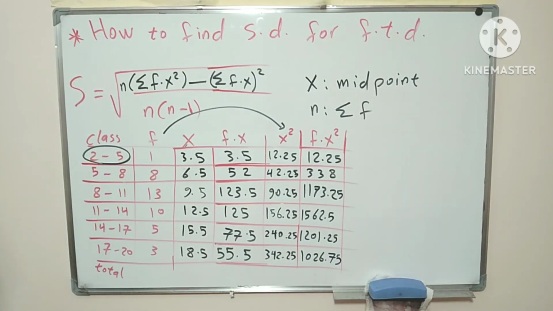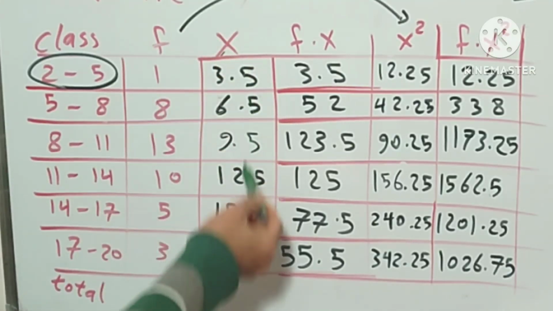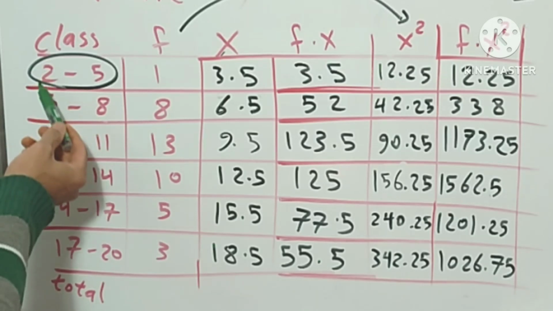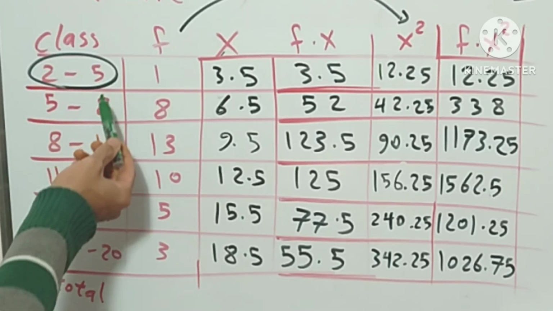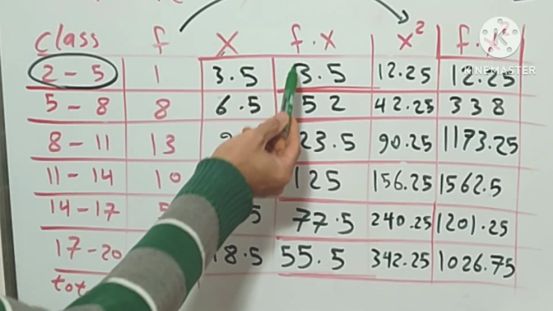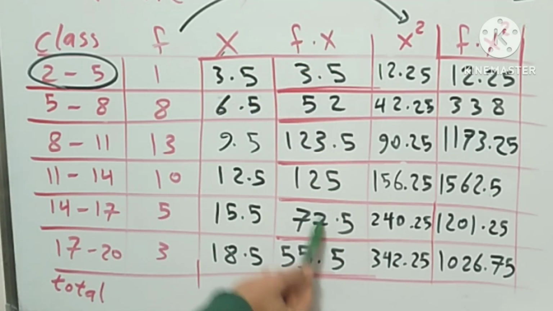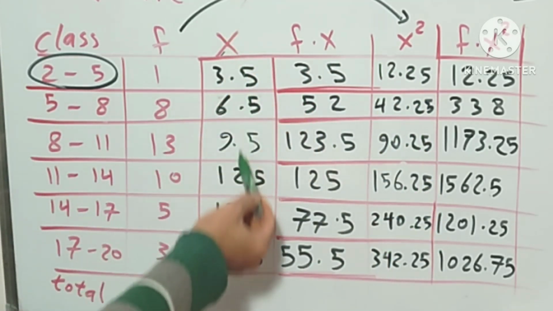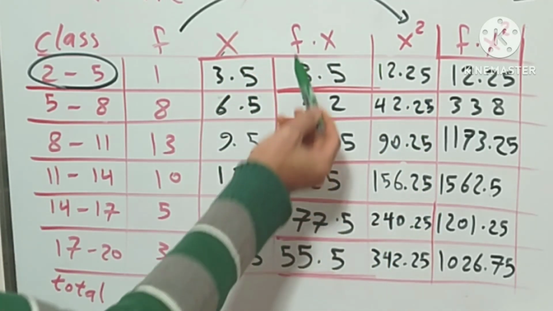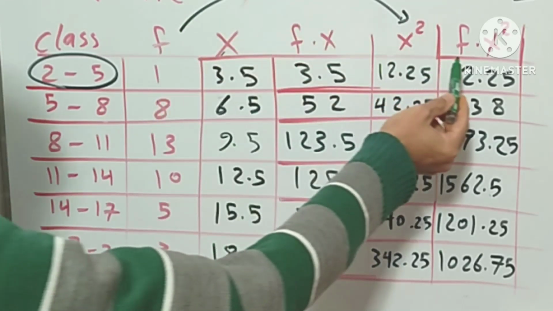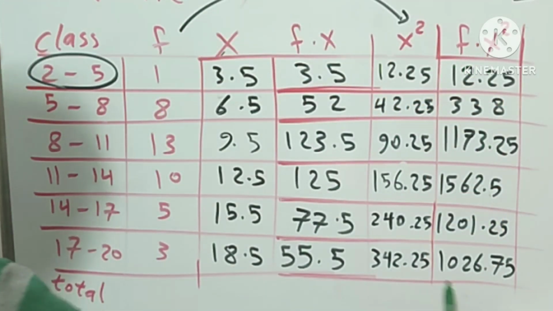After finding x, which represents the midpoint of the class, that is the lower limit plus the upper limit divided by 2, we multiply x by f to get fx, find x squared, which is the square of the midpoint x, and multiply f by x squared to find f x squared.